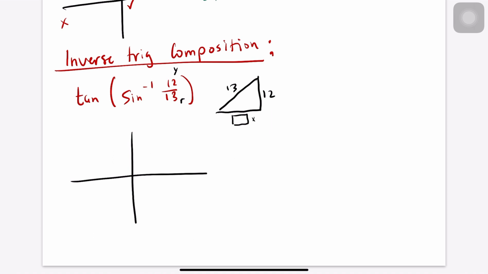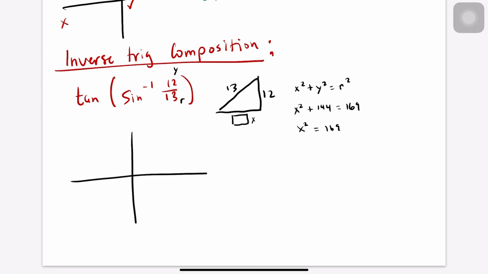So what I'm missing is x, right? So x squared plus y squared equals r squared. In this case, x squared plus y squared. I'm going to jump to the answer here, 144. And 13 squared, I believe, is 169. So if I do x squared equals, and then I'm going to subtract 144 from both sides.